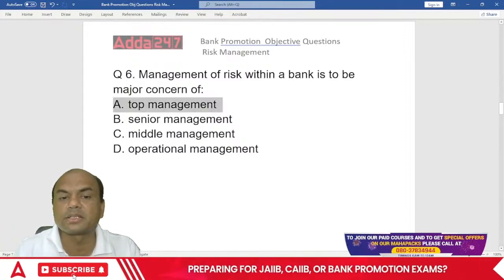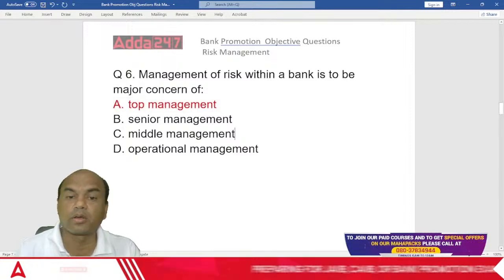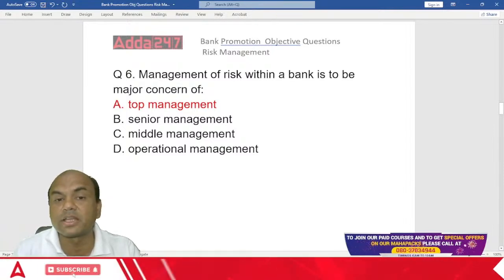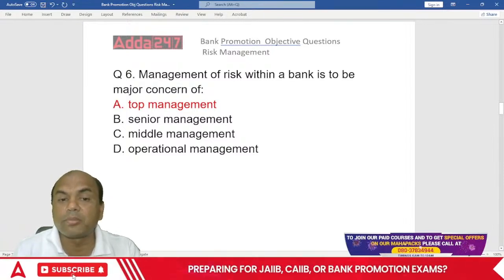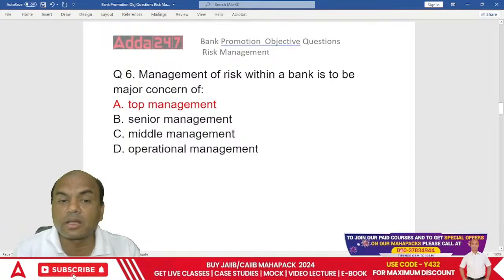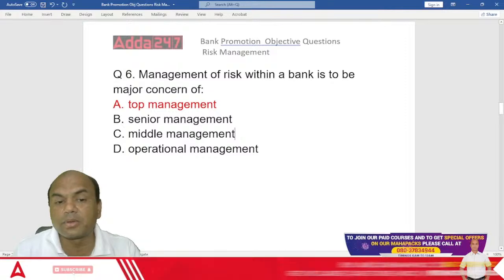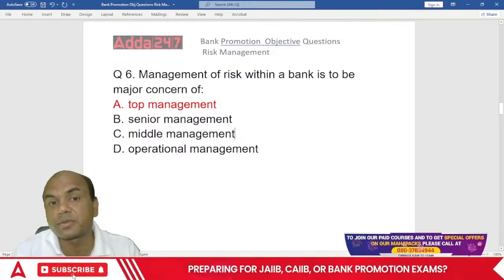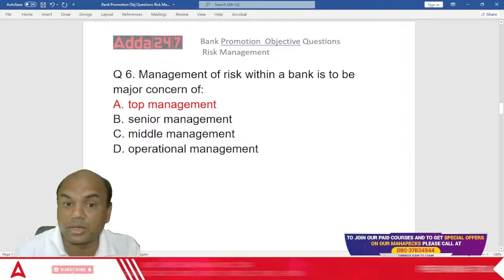So it will be a major concern of top management. Always remember, once top management understands risk as a major concern, it will propagate or mitigate the risk and percolate it down to the lower levels, senior, middle, and operational. But the top management must first understand the concept of risk and how to mitigate it. Okay.